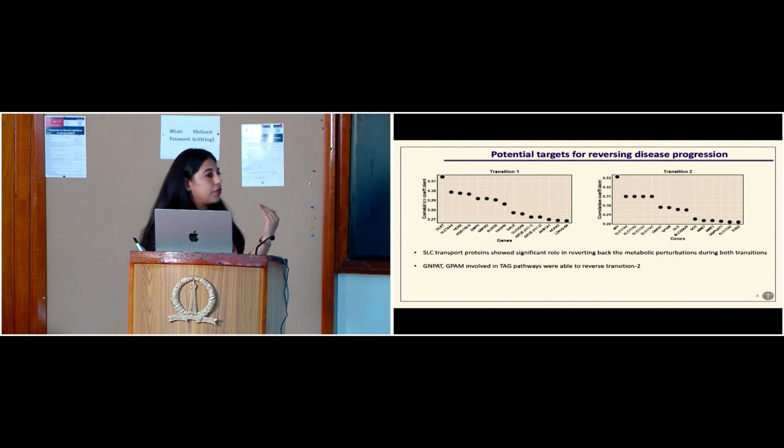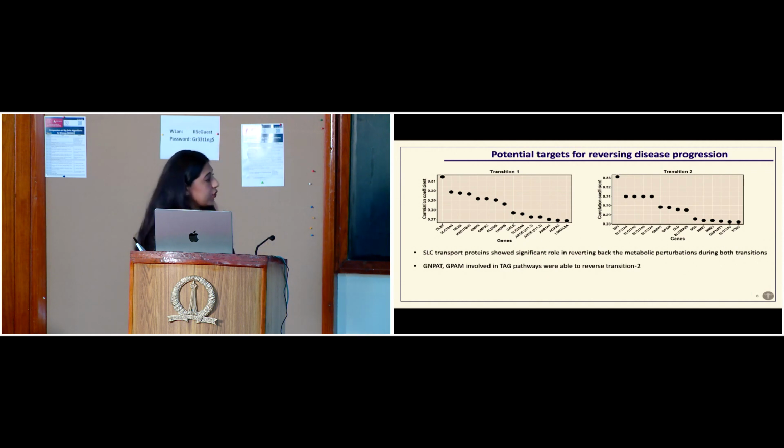For transition 1 we have monolayer and moraloid. So in moraloid we put the bounds to 0, and then we again find the flux values, and if the correlation of that gene knockout model is higher with the initial stage model, which here is monolayer, then we say that that gene was actually capable of reverting back the transition.